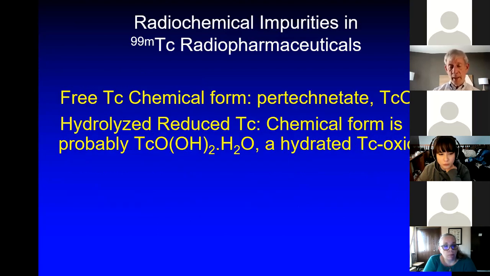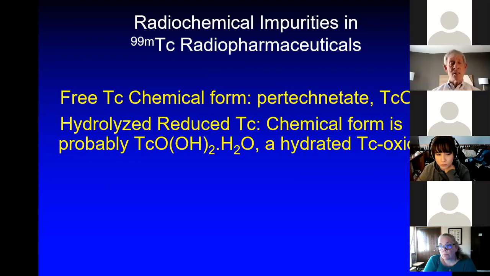Okay, let's take a quick look at radiochemical impurities in technetium pharmaceuticals. There is Freetec. What's the difference between Freetec and pertechnetate? Nothing. Freetec is pertechnetate, but we use that term when the pertechnetate or the technetium is broken off of our molecule and formed Freetec.